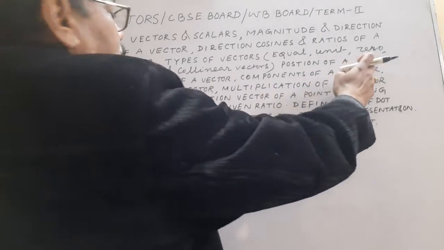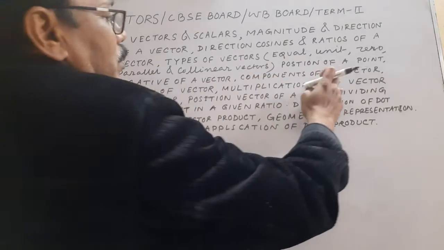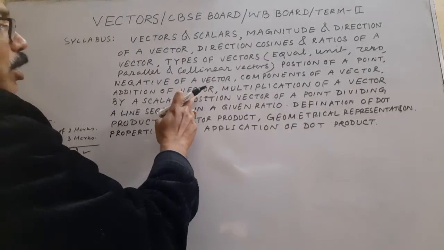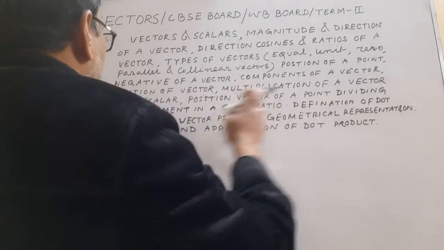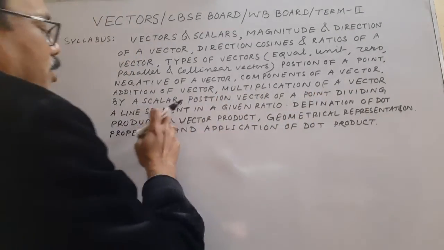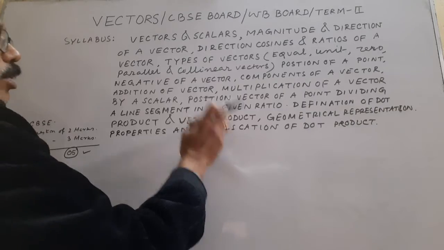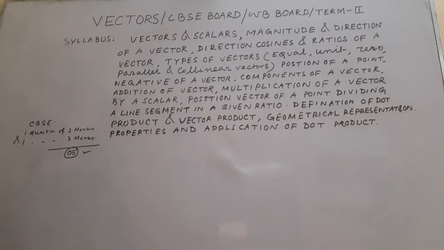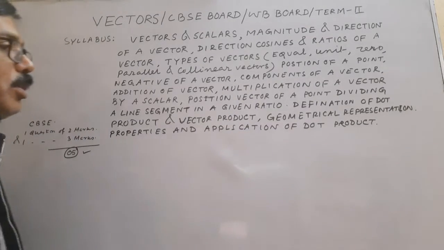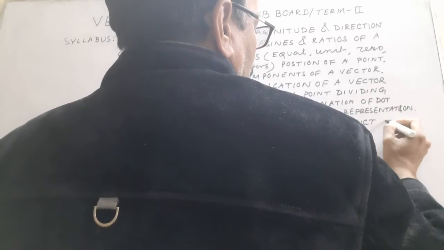Position of a point, negative of a vector, components of a vector, addition of vectors, multiplication of a vector by a scalar, position vector of a point, dividing a line segment in a given ratio, definition of dot product and vector product, geometrical representation of dot product and vector product, properties and application of dot product and cross product.